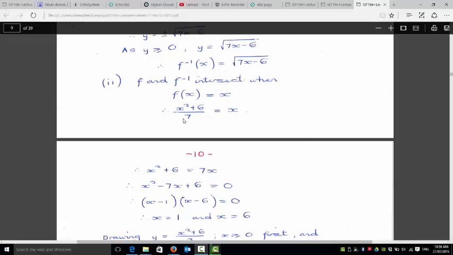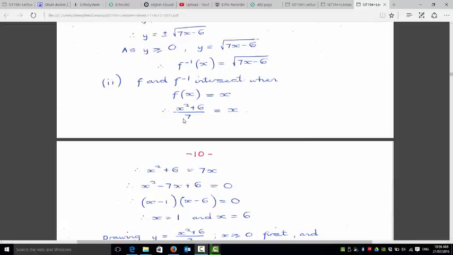So f and its inverse, the original function. Second, let's find the intersections of the original function and the inverse function. We have f(x) equal to x. Do you still remember what we learned in the previous class?